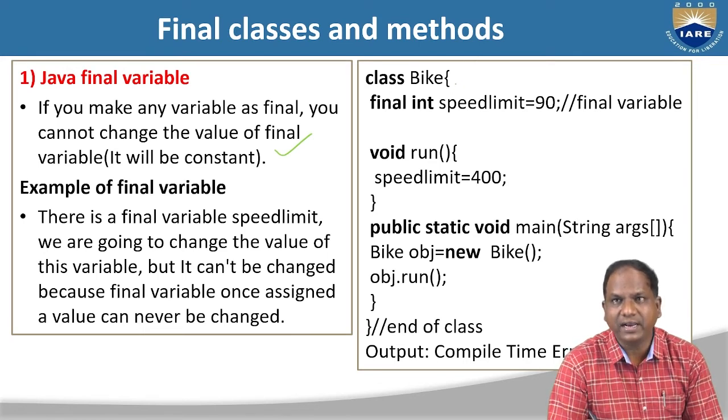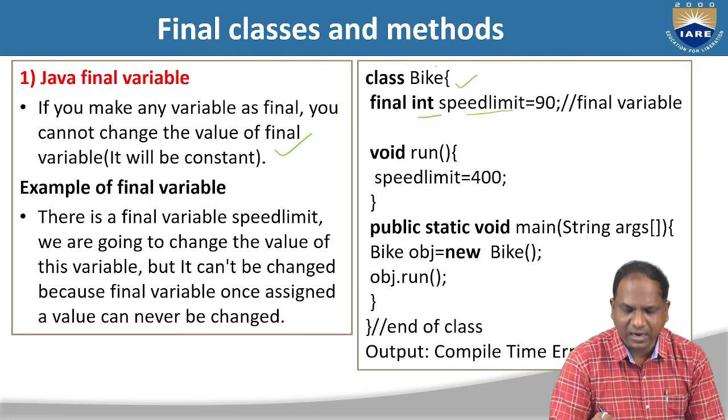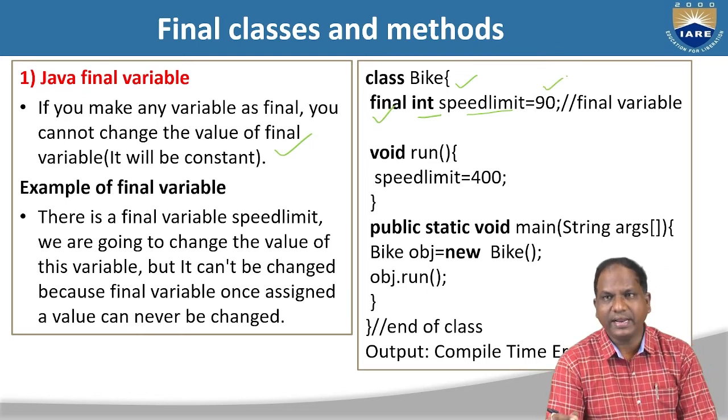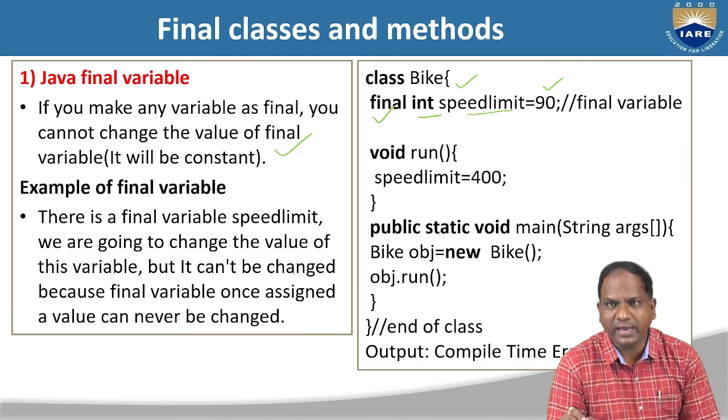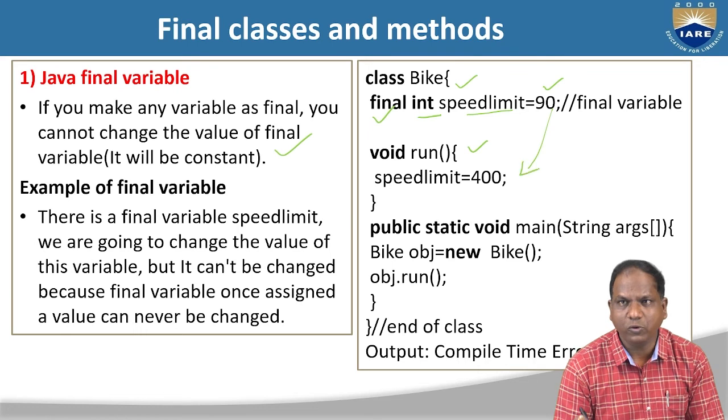It has a variable called speedLimit of type int, declared final. I have initialized it with the value 90. So throughout the program, my speed limit will be 90 only. Then I have written a method called run, where I am now changing my speed limit from 90 to 400.